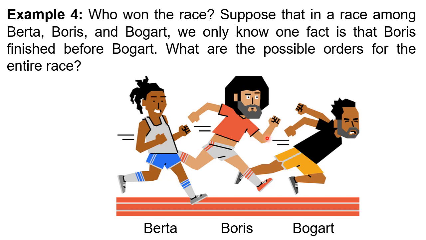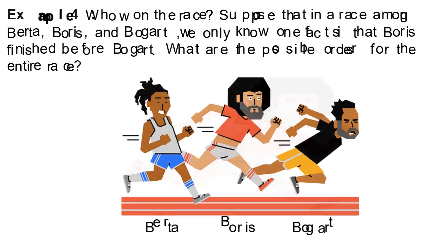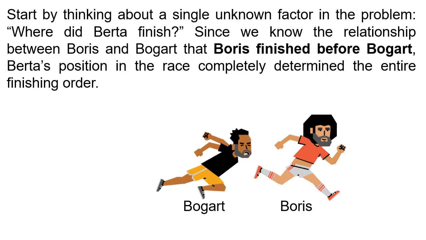So Boris is ahead of Bogart. So we can rearrange them to find what the possible orders for the entire race are. We have more than one solution, class. What is important is that Boris should finish before Bogart.